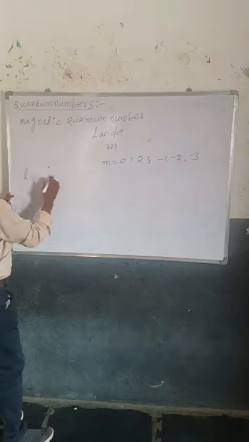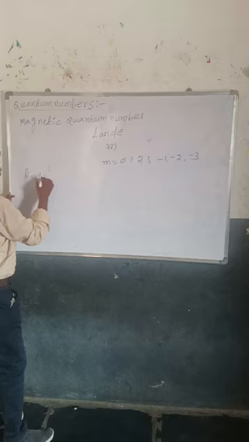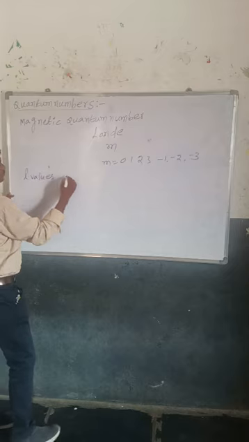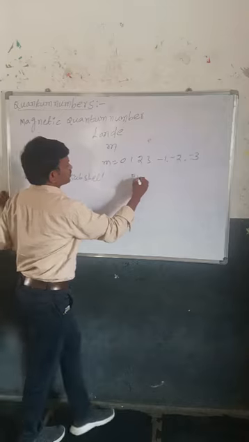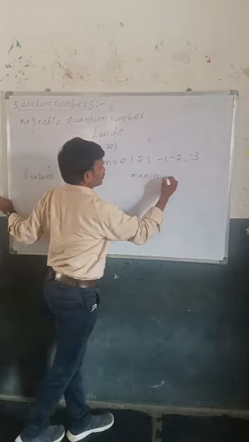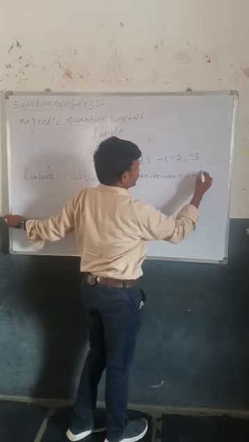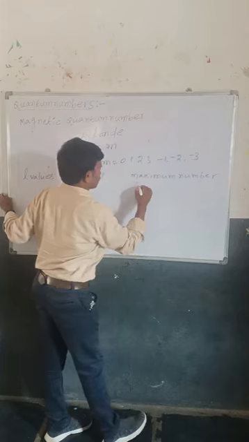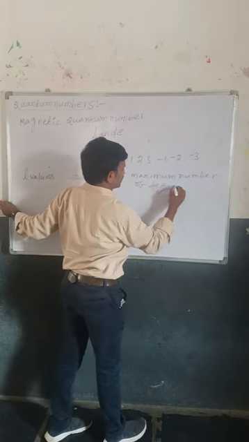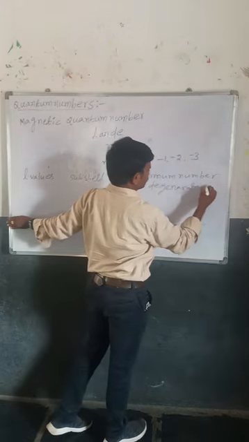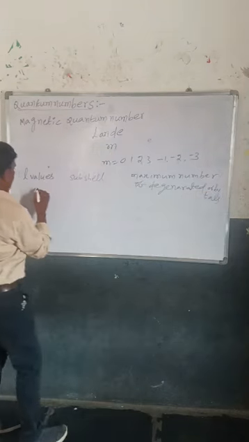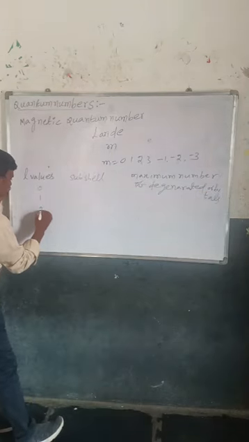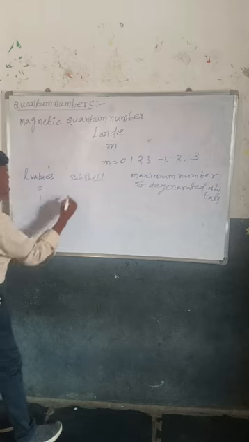l values, subshell, maximum number of degenerate orbitals. l values 0, 1, 2, 3, 4.